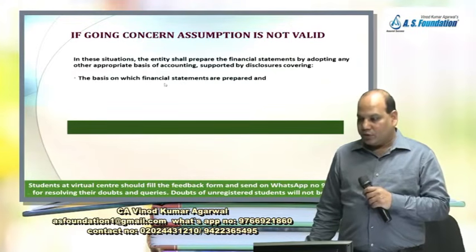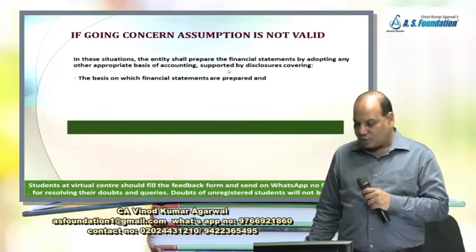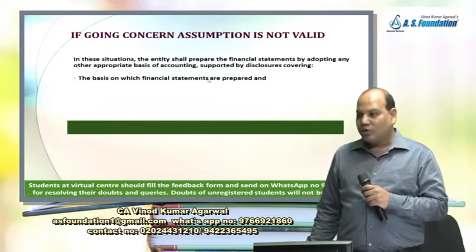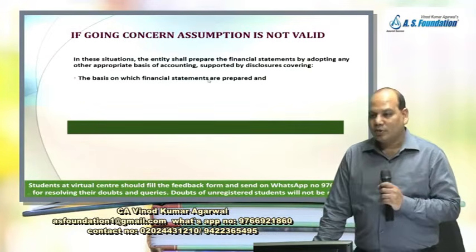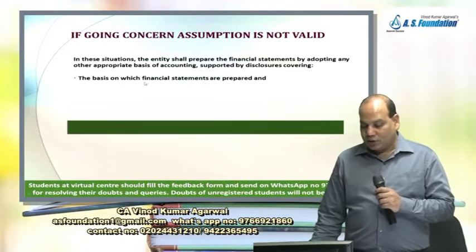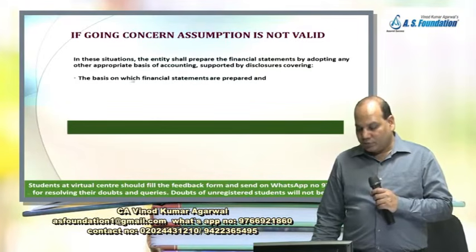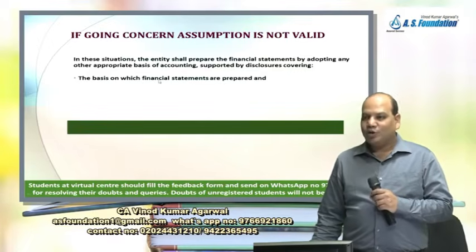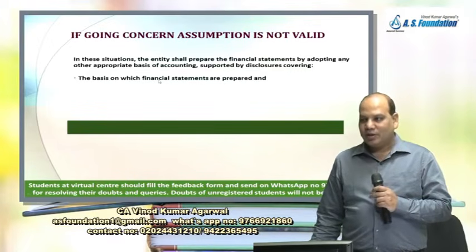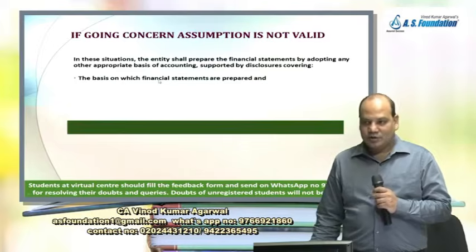In case if you are deviating from your normal standard now, because you are not a going concern anymore, you have to give the basis on which financial statements are prepared. For example, you may be valuing your property, plant, equipment on cost basis under IAS 16.